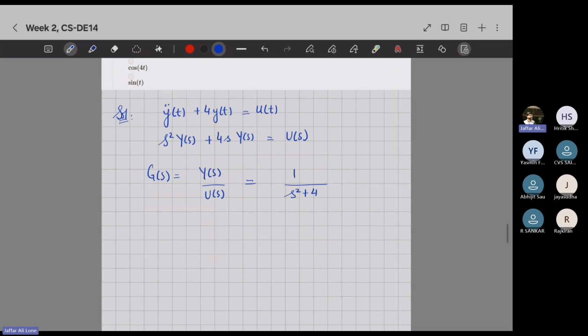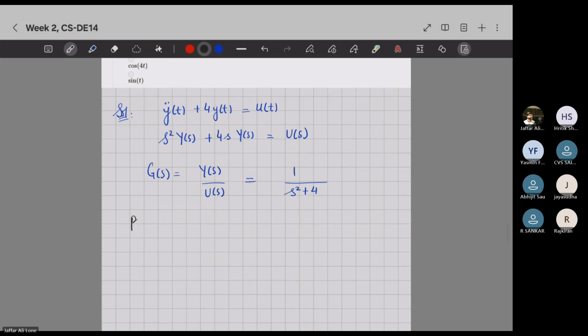Now let's find the poles. The poles are the roots of the denominator s squared plus 4. It means s squared is equal to minus 4, which implies s is plus minus 2j.